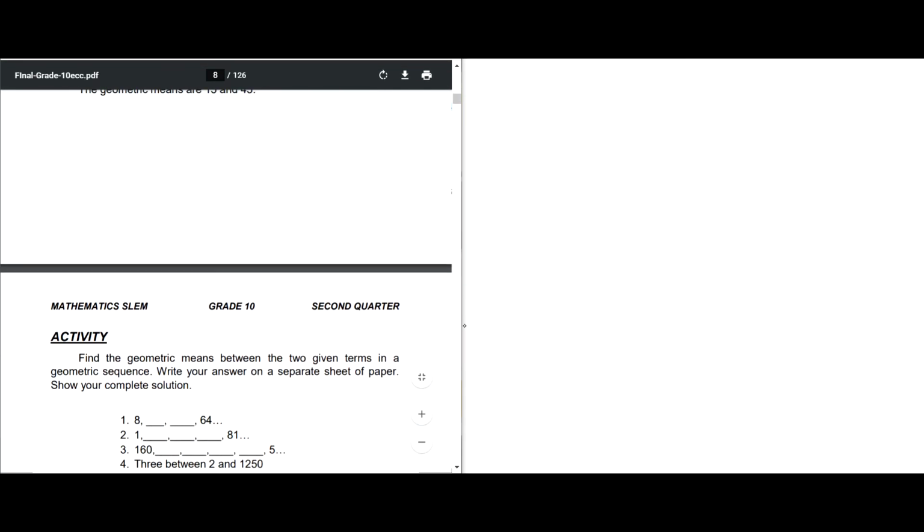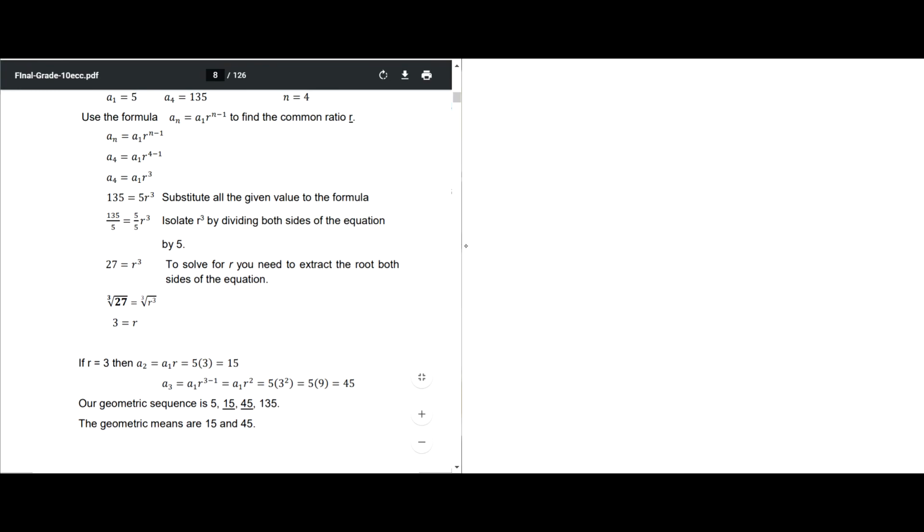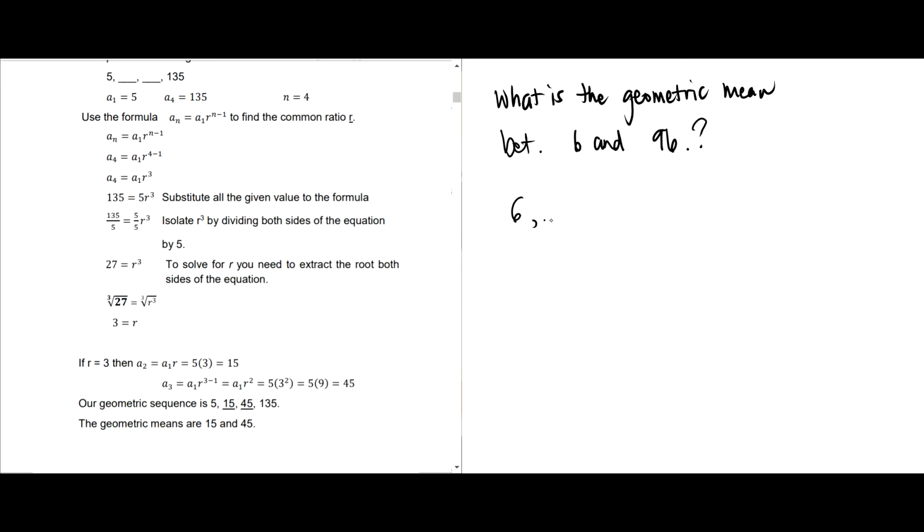Sometimes there is a question like, what is the geometric mean between 6 and 96? As you can see, you don't know how many you will insert. But according to the question, you only need one. So, 6, insert one geometric mean, and 96. When it's like that, what you do is quick.